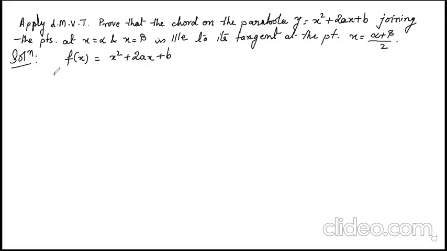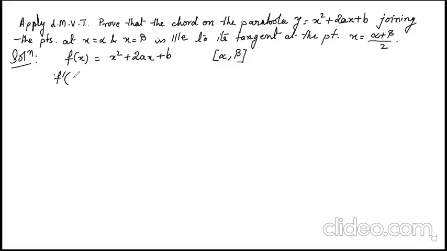According to the first condition, f(x) must be continuous in the closed interval alpha, beta. Is it continuous in this closed interval? Yes, because this function is a polynomial function, and we know that polynomial functions are always continuous. So in this closed interval, f(x) will be a continuous function.